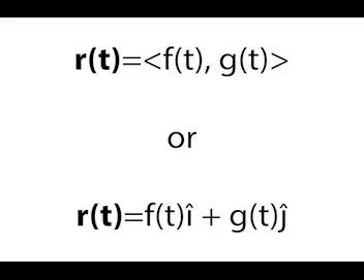Vectors are written in these forms. The first form takes a similar appearance to a traditional coordinate, where the x and y values are put in parentheses. However, with vectors, we do not use x and y, and the vectors are surrounded by angled brackets instead. The second form represents the component vectors being added together to form the final vector.